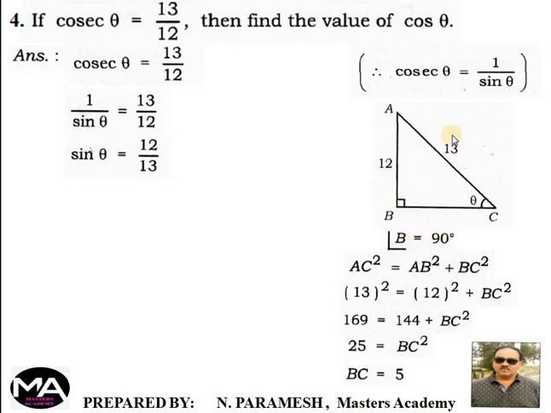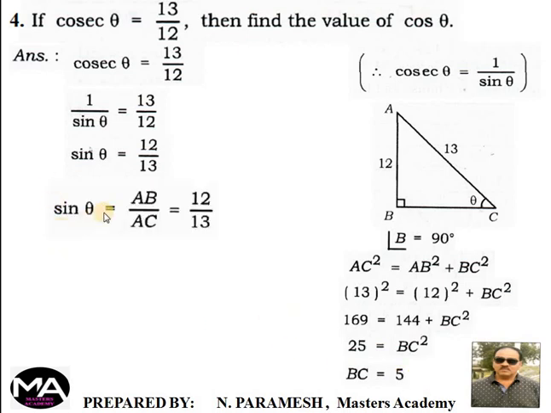By using Pythagoras theorem, AC square is equal to AB square plus BC square. AC is 13 square, that is equal to AB is 12 square plus BC square. 13 square 169 is equal to 12 square 144 plus BC square. 169 minus 144 is 25 is equal to BC square, which implies BC is equal to 5.